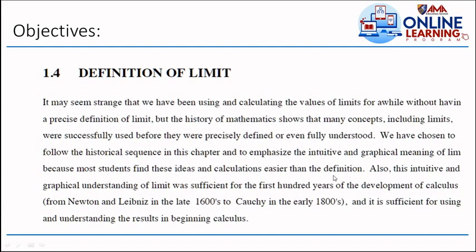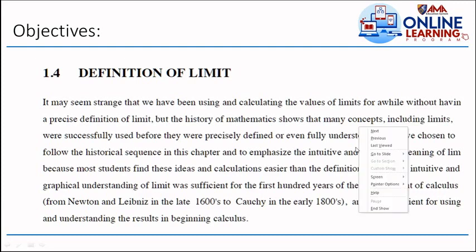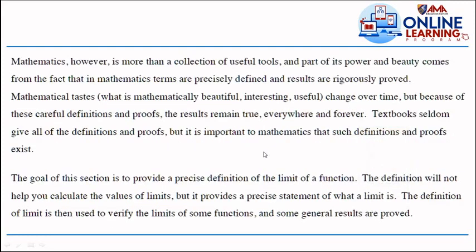So, this is easier. Also, this intuitive and graphical understanding of limit was sufficient for the first 100 years of development of calculus. And it is sufficient for using and understanding the results in beginning calculus. Okay? So mathematics, however, is more than a collection of useful tools.